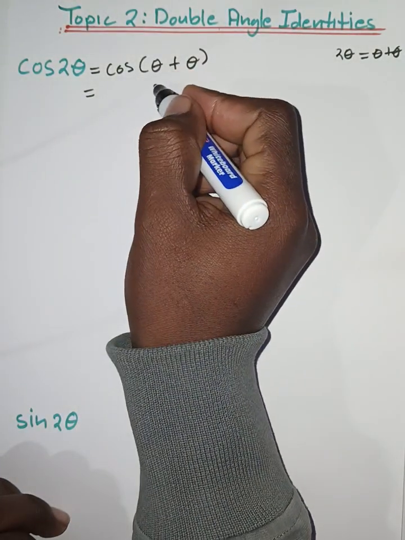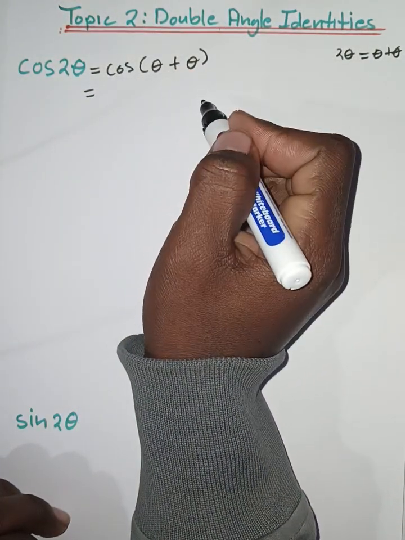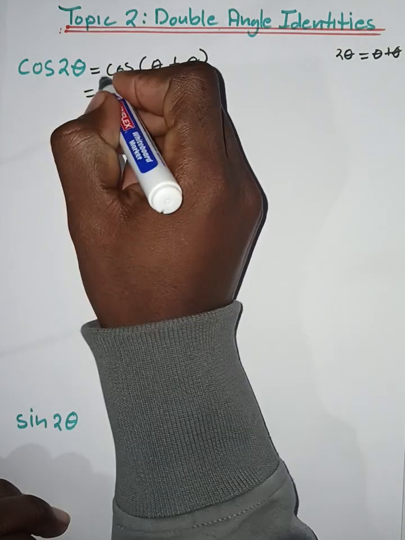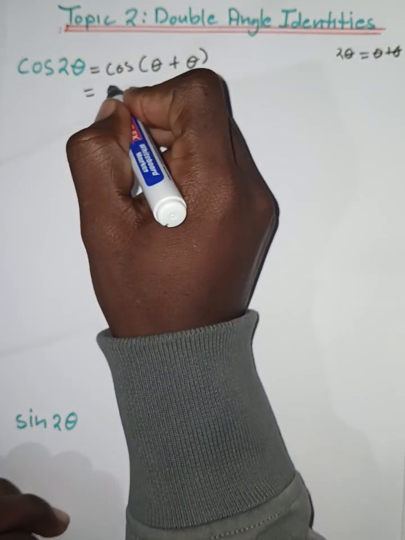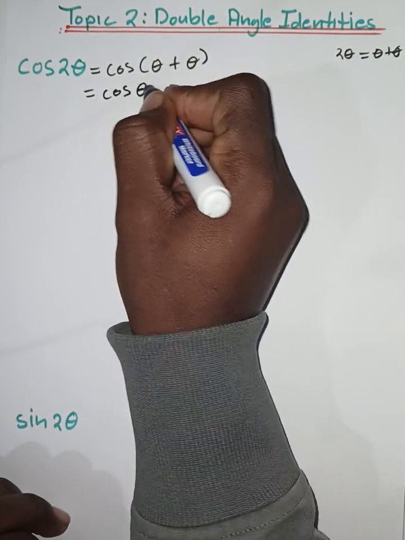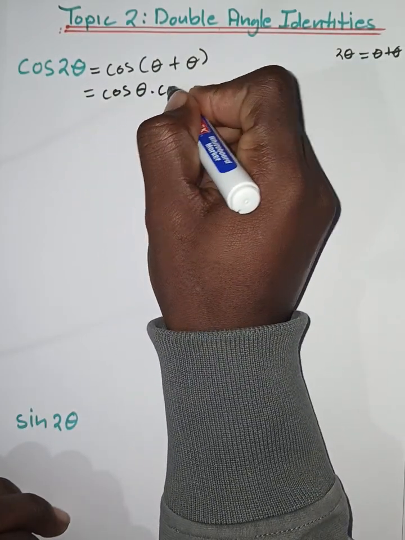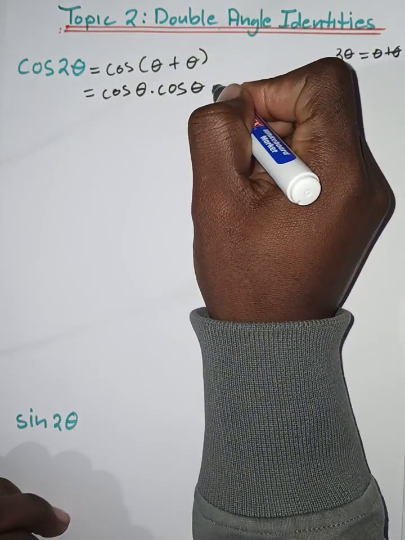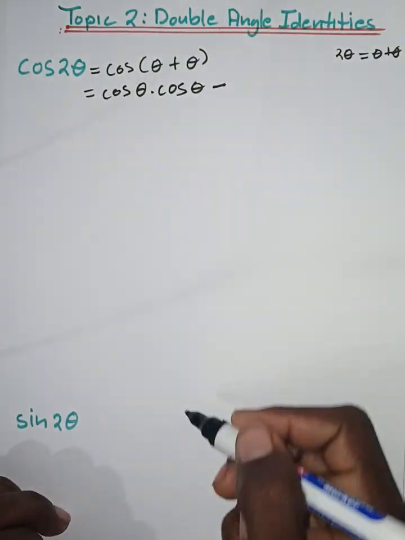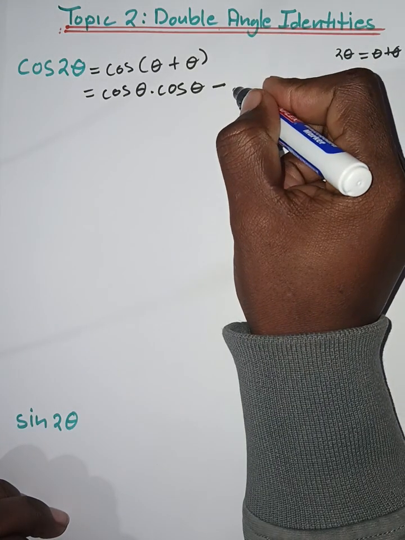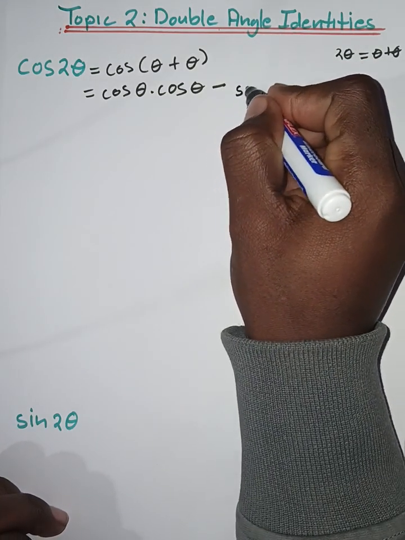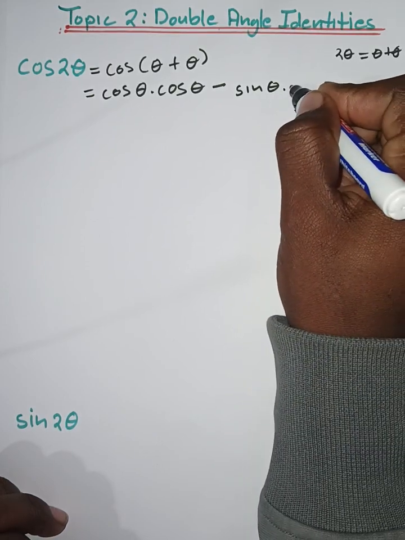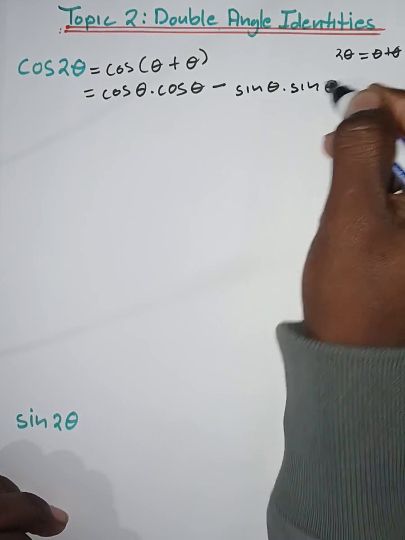It says we cos the first angle, we cos the second, minus we sine the first and sine the second. So when you expand this, this will become cos of theta multiplied by cos again of theta. Remember, the second angle is still theta, right? Minus, if we subtract that, you'd have sine of theta multiplied by sine of theta again.